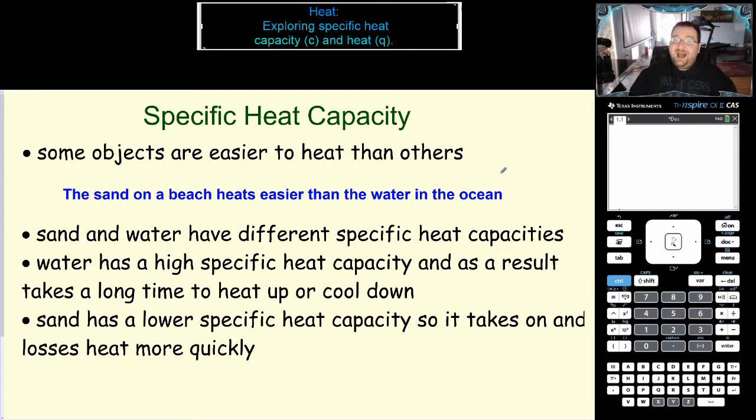Water has a really high specific heat capacity, meaning it takes a lot of energy to raise 1 kilogram of water by 1 degree Celsius, whereas sand has a very small specific heat capacity, meaning it doesn't take very much energy to raise 1 kilogram of sand by 1 degree Celsius. So they're going to heat up at very different rates, and that's why sand gets much hotter than water does on a bright, sunny day.